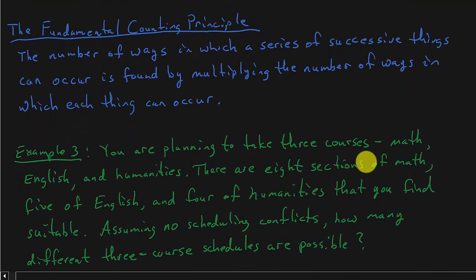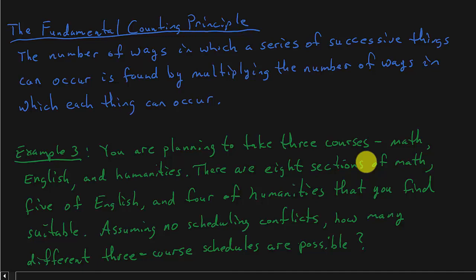So what we did there is we looked at some examples where we had 2 things we were looking at. I had so many choices for this one and so many choices for this one, and that was all we had to pick from. What if we have more than that?